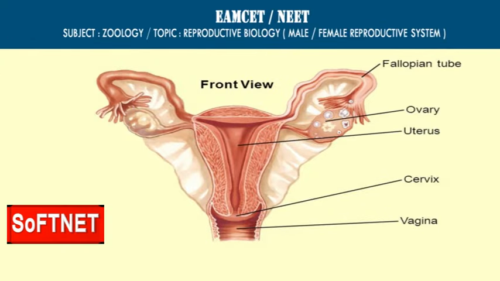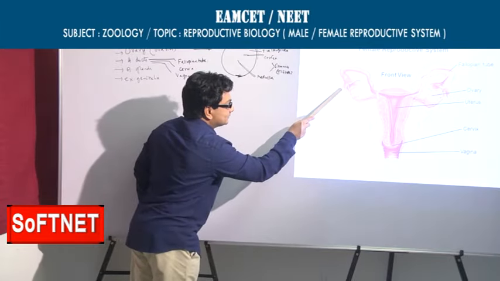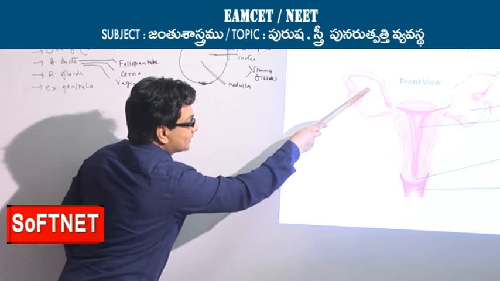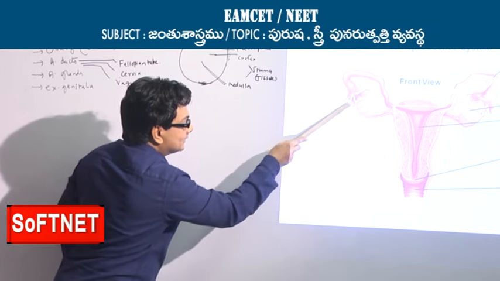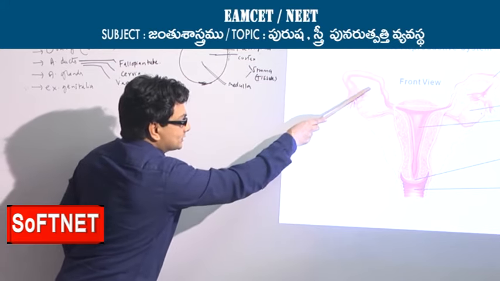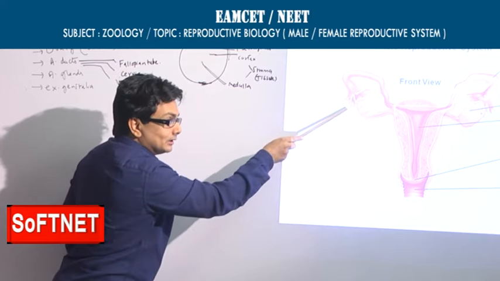If you can see the fallopian tube here, it has this margin with all the projections like this. This one is called the fimbriae. The margin folds, the fimbriae, are welcoming the secondary oocyte.